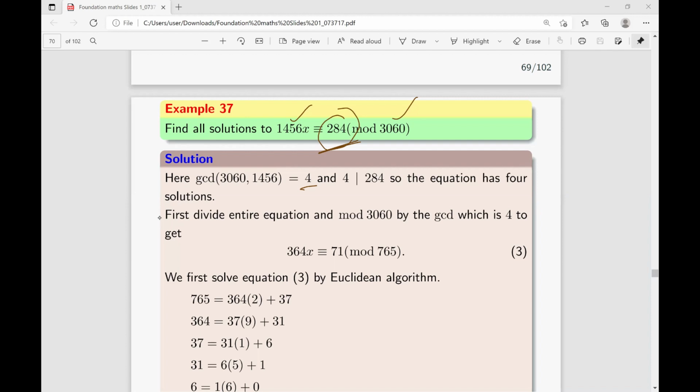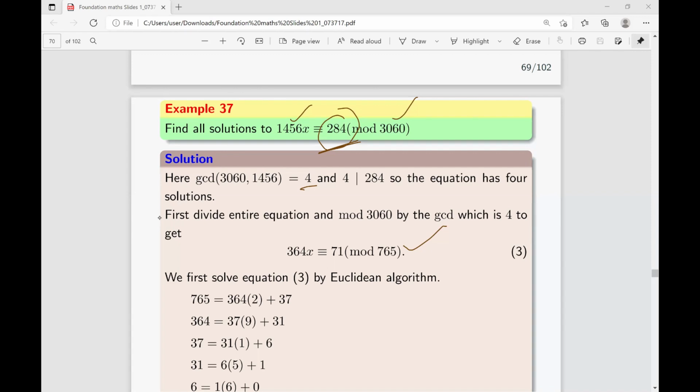Is that okay? Good. The first thing we do is divide the entire equation by the GCD, and you have this. Now, from there, what follows, we know it.